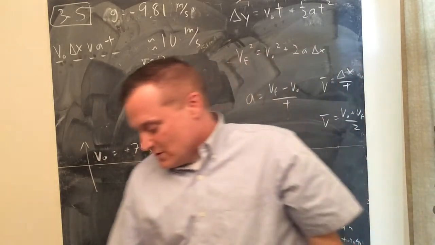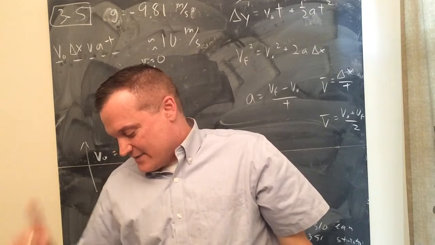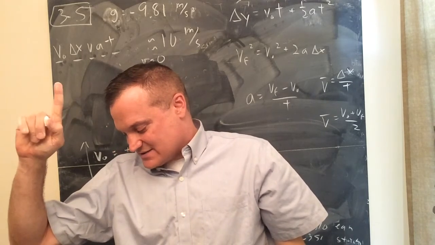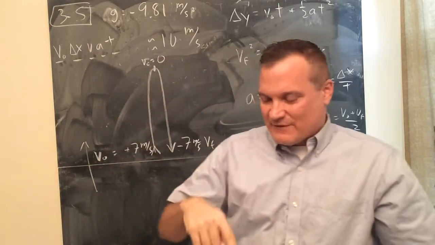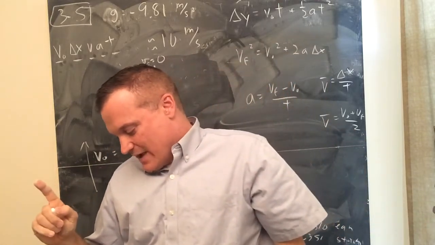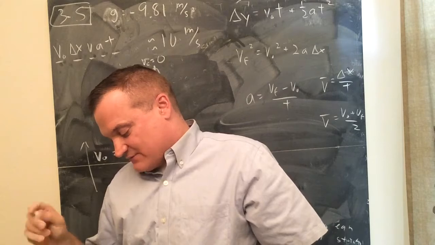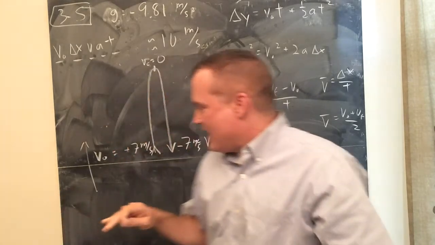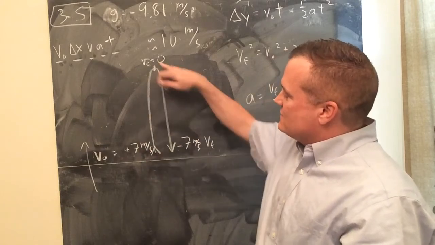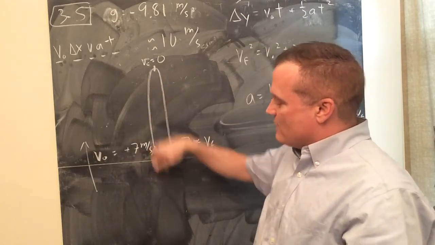So rule number 1 said at the highest point, velocity is going to be 0. Number 2, the initial velocity and the final velocity are equal, but opposite in direction at the same height. So the velocity here and there are the same, up and down.